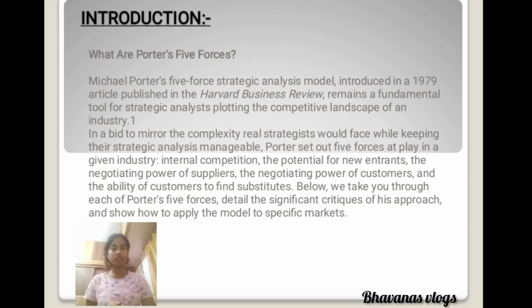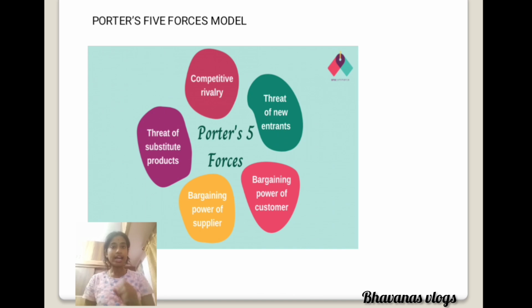So now you can see what the 5 Forces model is. I have included a picture here.